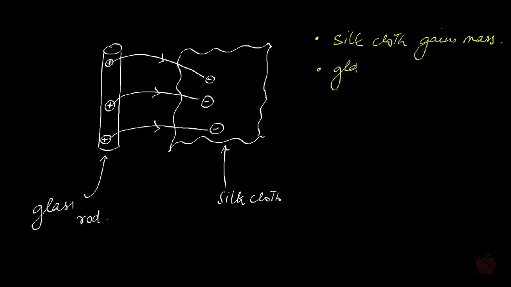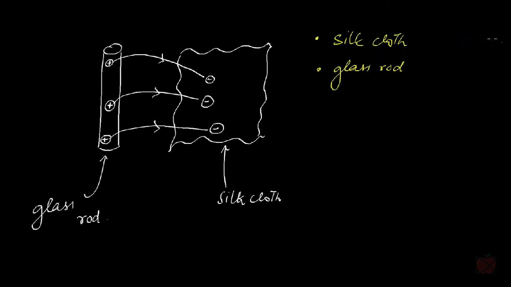What about the glass rod? Glass rod, not drop, sorry, we are not talking about a person. Let's not say the glass rod loses mass because that doesn't sound right.